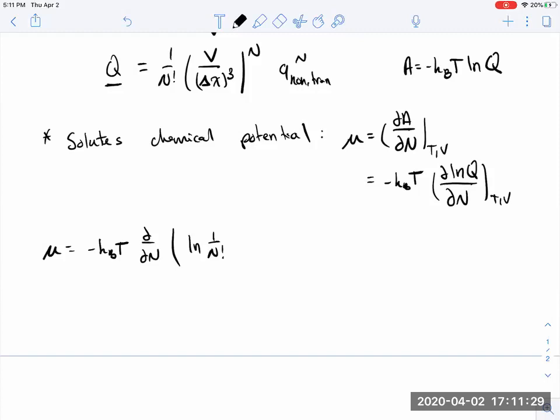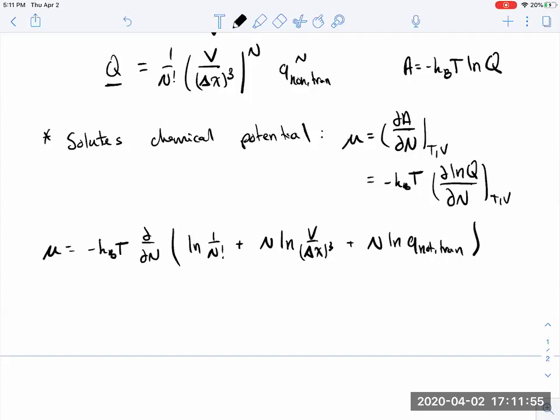Ooh, that looks ugly. We'll deal with that in a second. We'll have log of V over delta x cubed, that whole thing raised to the n. If I take the log of something raised to the n, I can pull the n out in front. And the same thing is true with n times log of q non-translational.